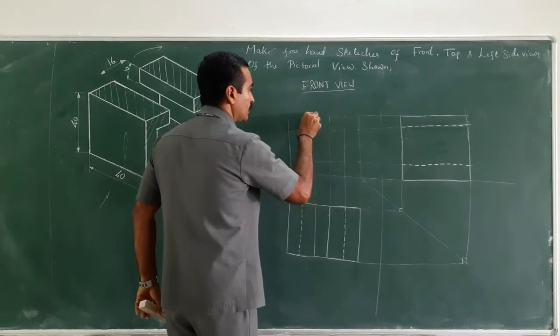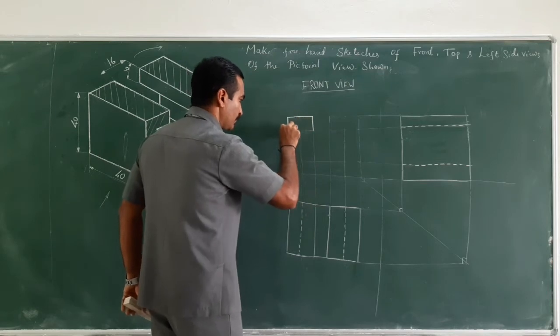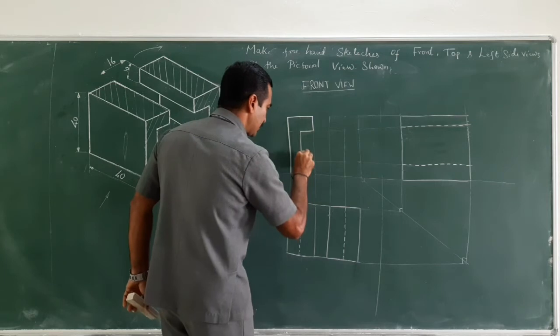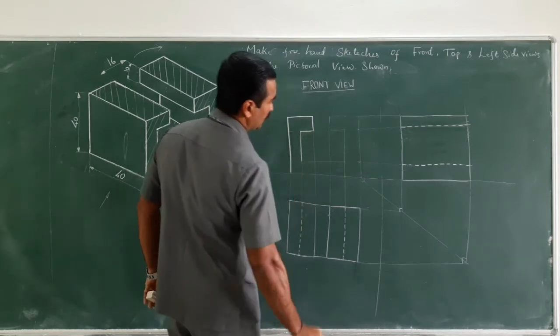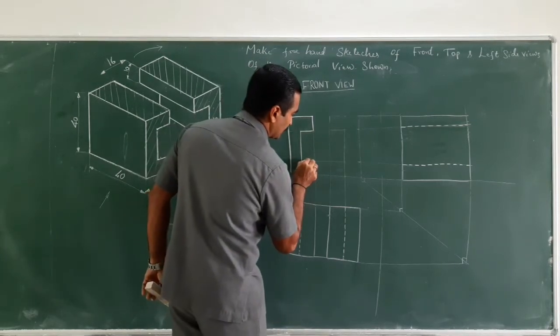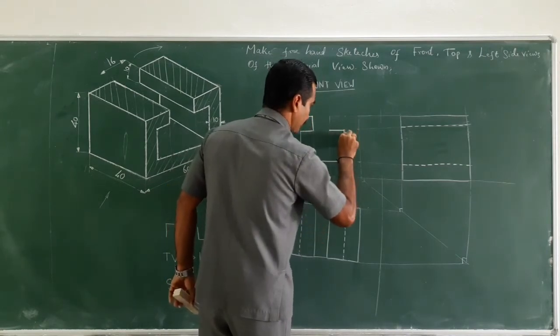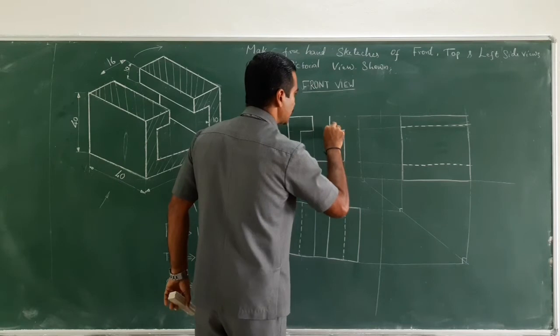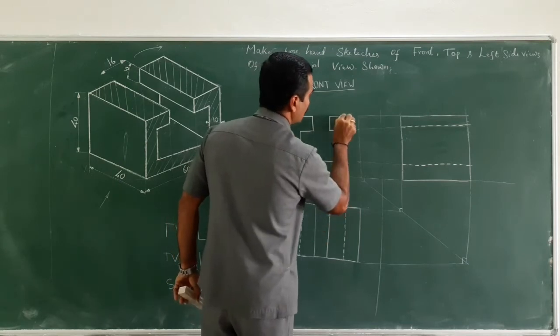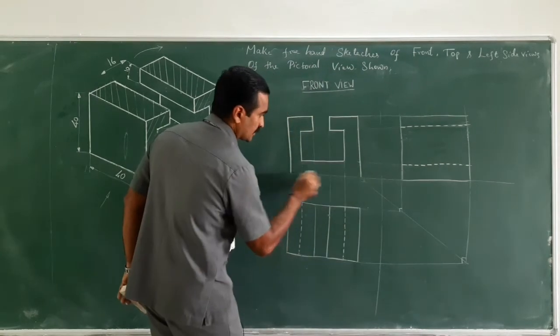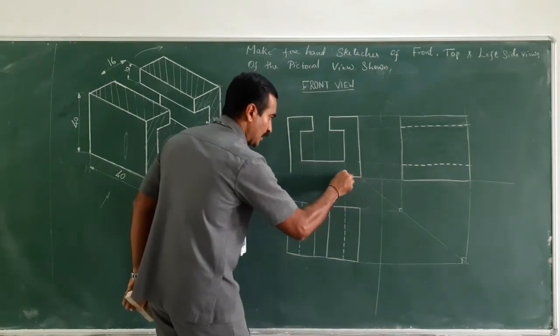Draw dark line. Since it's a freehand sketching, you need not use anything other than pencil and eraser. So dark all the visible edges, which is nothing but the object lines.